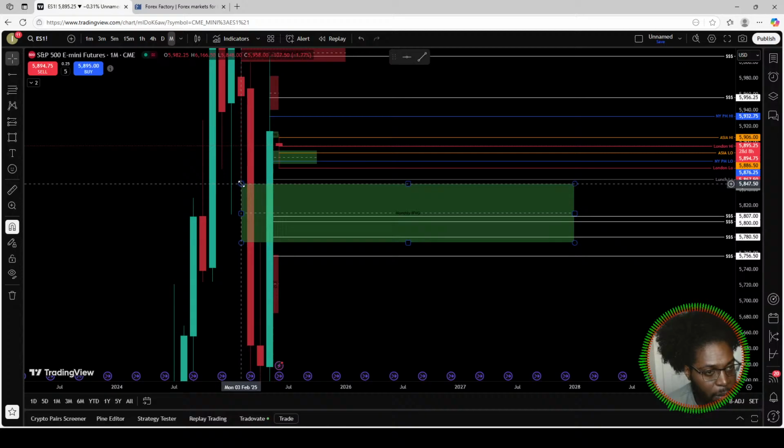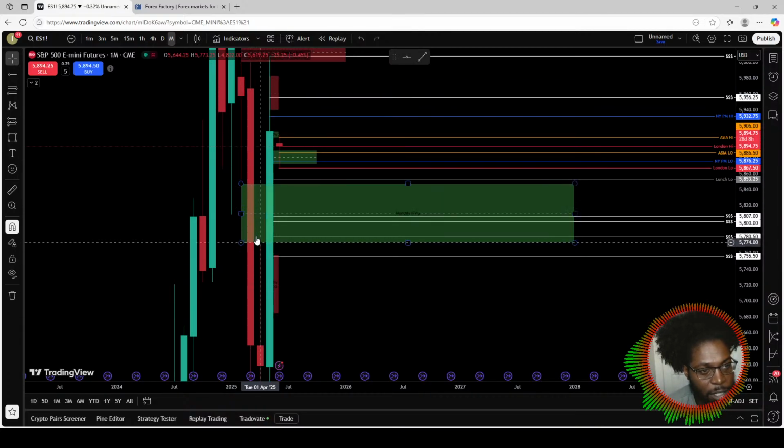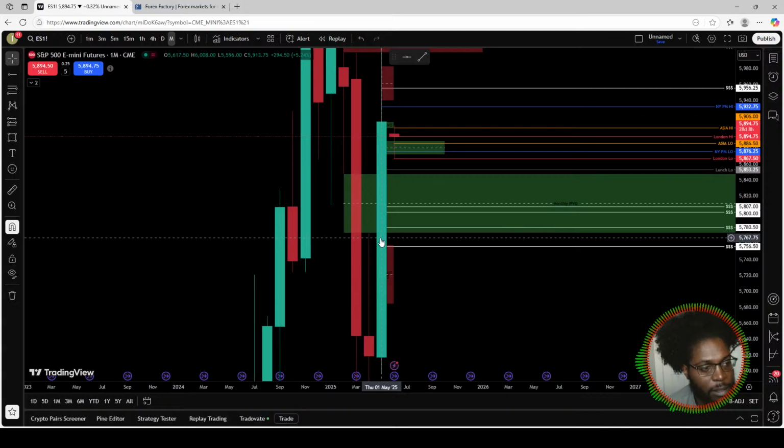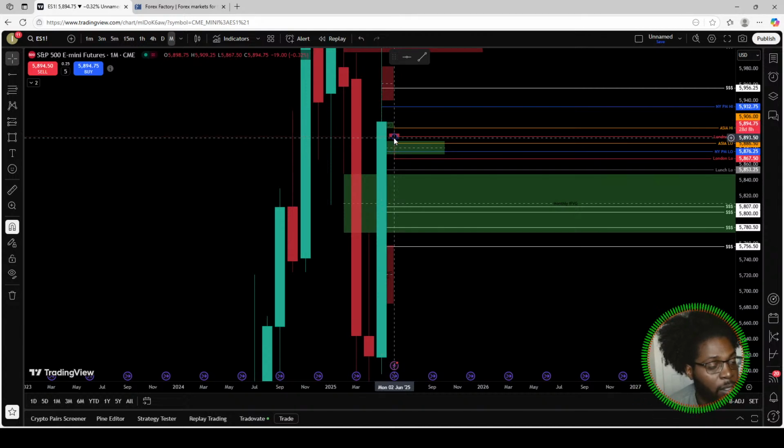It was a bearish fair value gap that formed right here on these three candles. And then last month we came back through, disrespected the fair value gap, and closed above it.